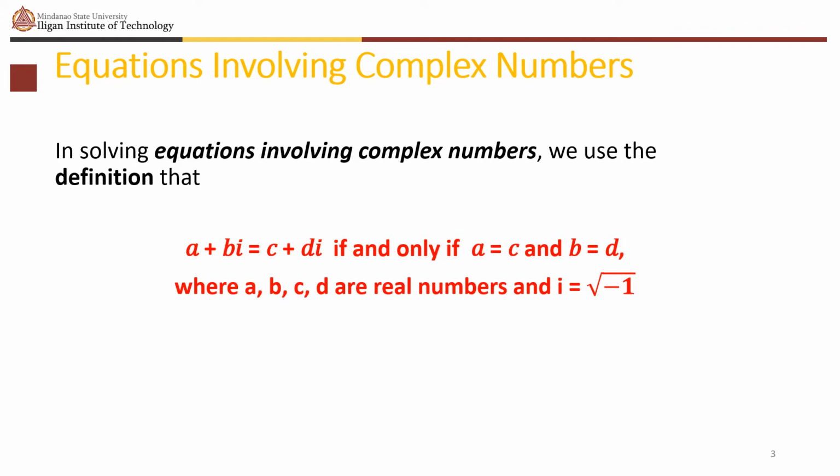The complex number is in the form of a plus bi, where a is a real number and bi is an imaginary number. Also, a and b belong to the real numbers and i equals the square root of negative 1. In this case, c and d are also real numbers.